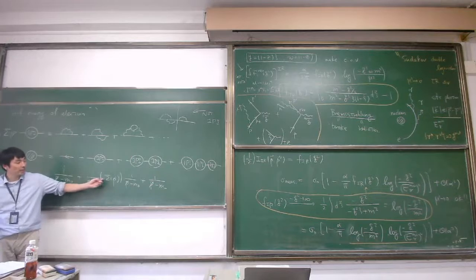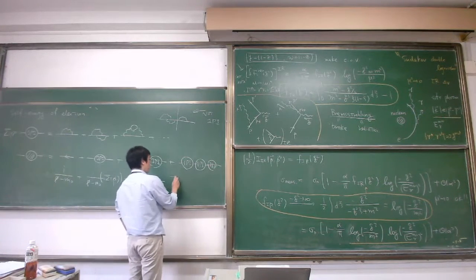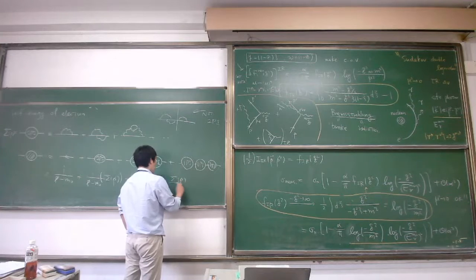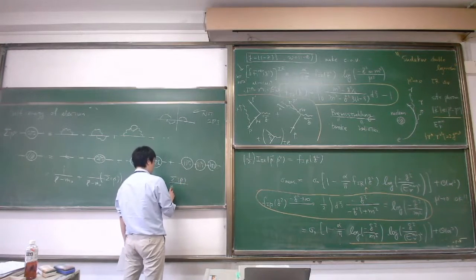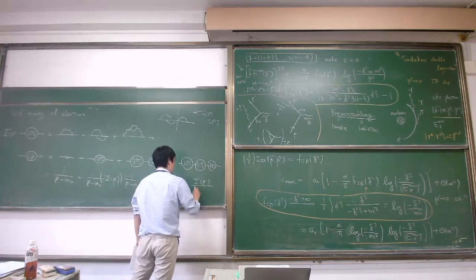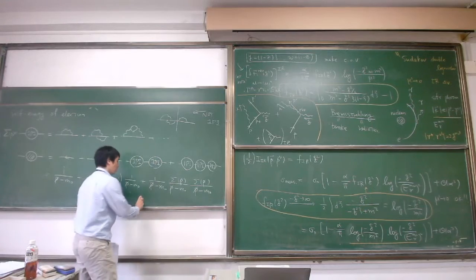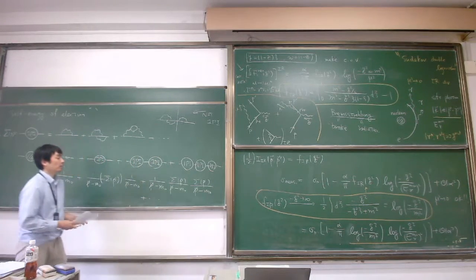Minus i times i will cancel to plus. So therefore we have i over p slash minus m0, sigma of p slash, over p slash minus m0, sigma of p slash, over p slash minus m0, and plus dots. We can have this kind of contribution.